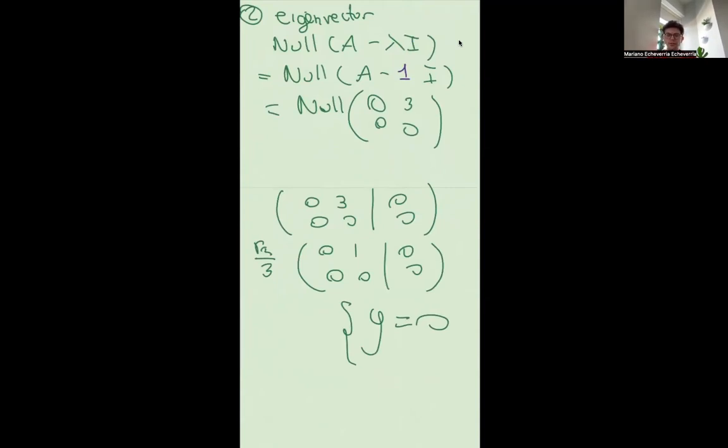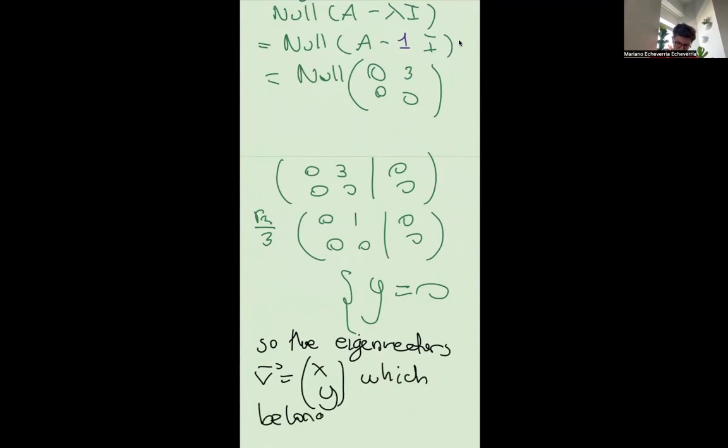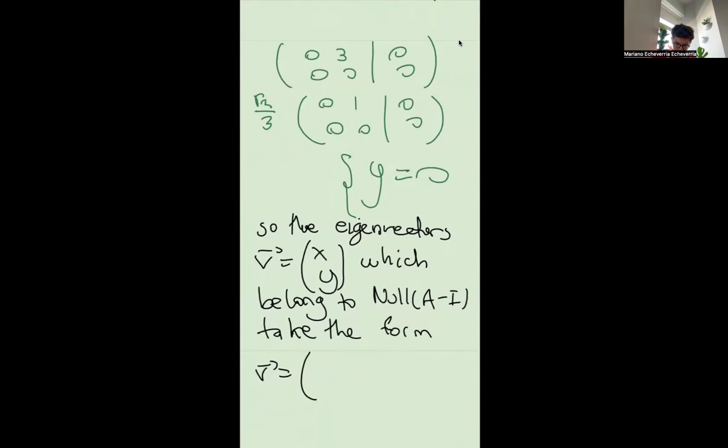So any eigenvector, right? So the eigenvectors which belong to the null space actually take the form, sorry, y is 0, so it's just x comma 0.